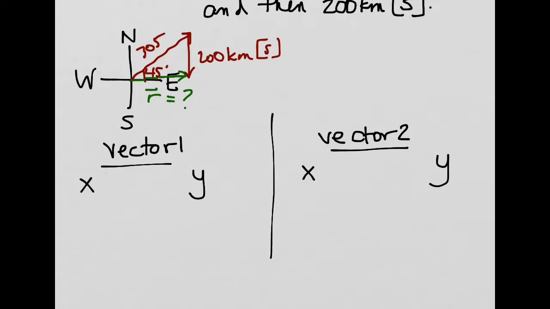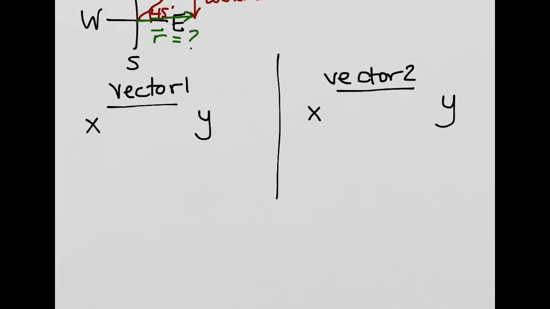The way I like to organize this is to outline that I'm working with two vectors, and in each case they have an x and a y component, or horizontal and vertical component, associated with them. So my first vector is 305, and then some angle 45 degrees.